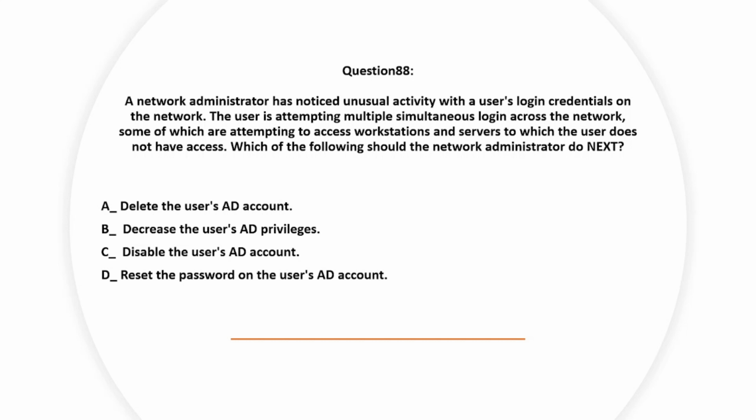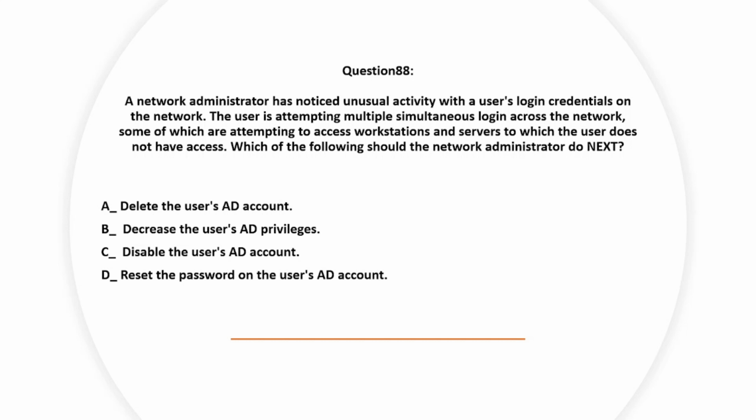So in this case, I think we have to disable the user's Active Directory account so as not to let them access the server or other workstations. It might be somebody outside of the network who compromised this account and is trying to access the server through it. So I think the right answer is answer C, disable the user's Active Directory account.